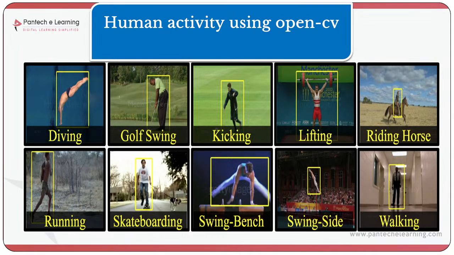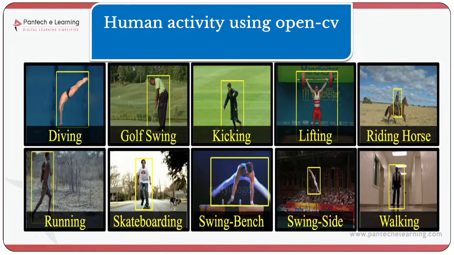And next, human activity recognition using OpenCV. For human activity: diving, golfing, kicking, lifting, riding horse, running, skateboarding, swing bench, swing side, and walking.